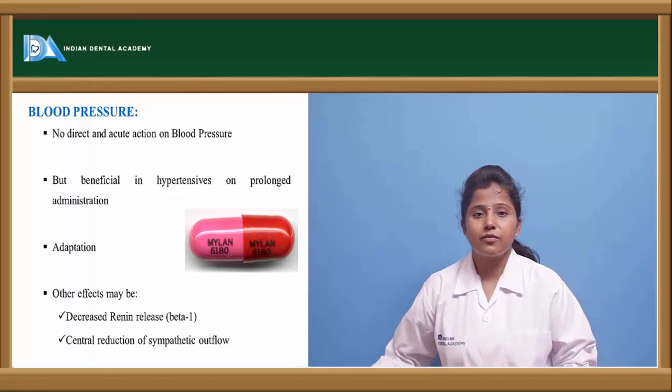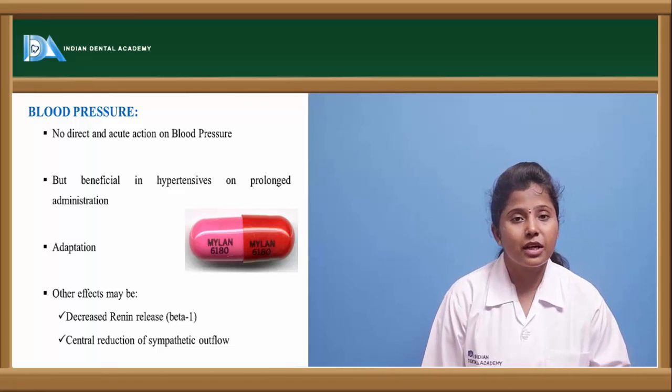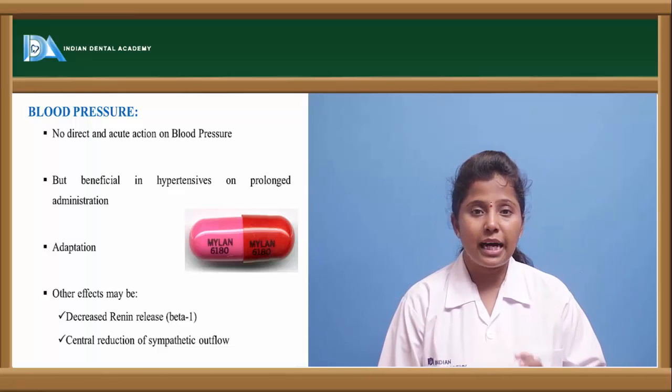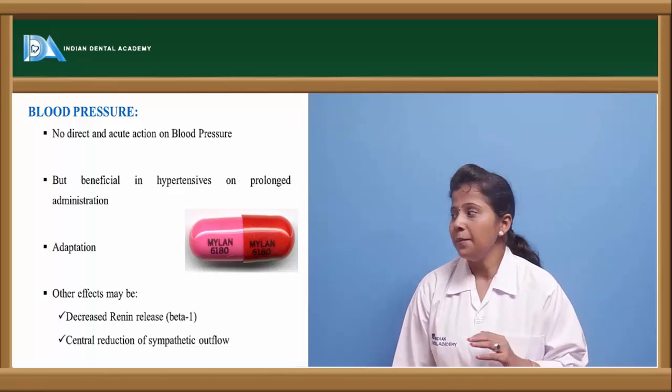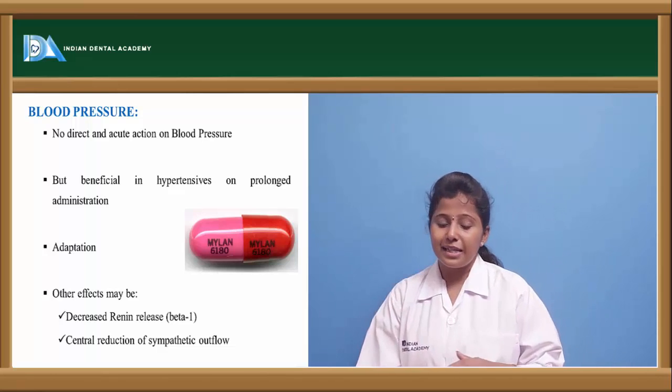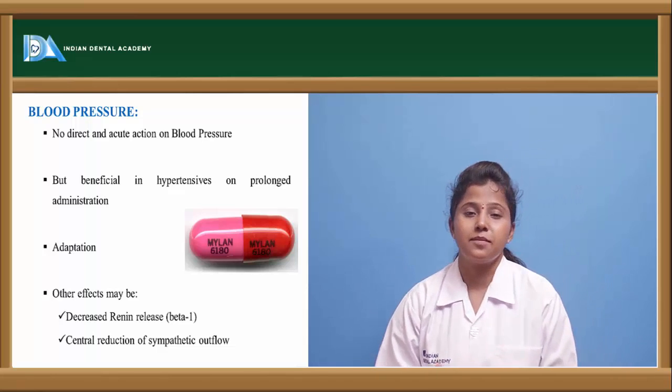The other effect shown by propranolol is that it affects the blood pressure. I told you it causes a decrease in the heart rate and a decrease in the cardiac output, so there will be a decrease in the blood pressure. But a direct blood pressure decrease is not observed.